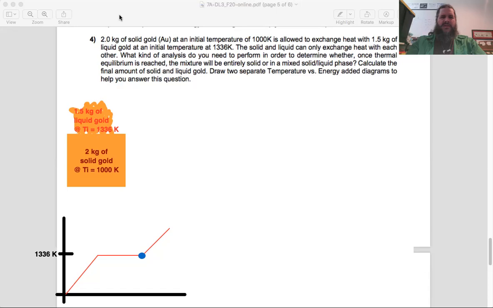So if it loses energy, it's going to be solidifying. The big question is, we don't know if it partly solidifies, or completely solidifies, or if it completely solidifies and continues losing more energy, what's going to happen?